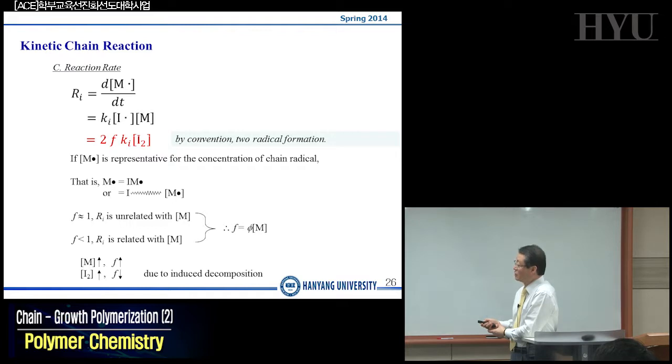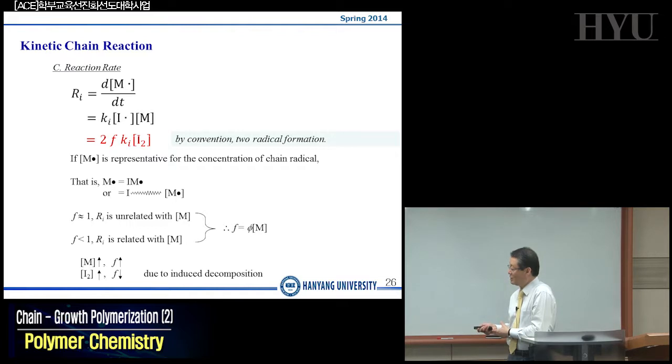So I think this should be a Kd. And M dot will form later on here. This is the formation of the M dot. It doesn't matter whether it has only one monomer fragment or long monomer fragments. So it doesn't matter the size of the molecules. I will just describe this M dot as any component which contains a radical, regardless of its size. So F could be 1 or it could be less than 1.